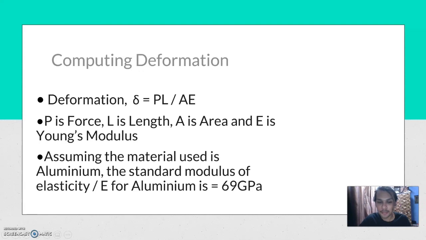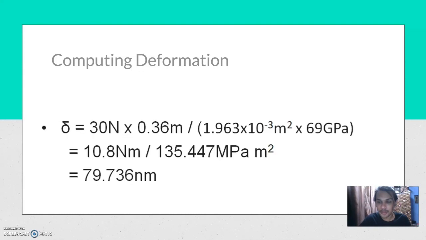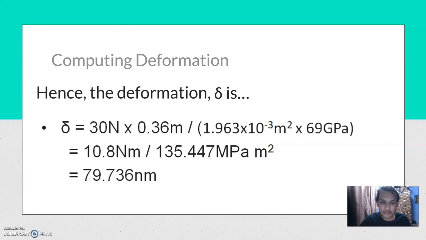That is the value that we're going to plug in when computing the deformation. Once we have plugged in all of the values that we obtained, we get the deformation, which is 79.736 nanometer. So that's all for my part.